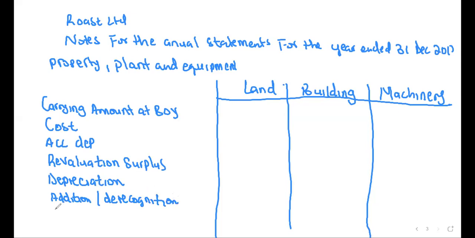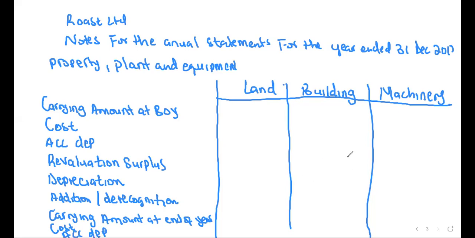Then what else? Carrying amount at end of year. Then you need the cost and accumulated depreciation.